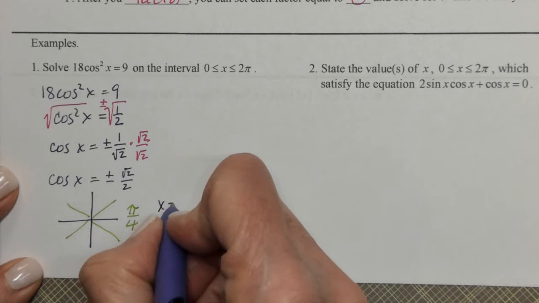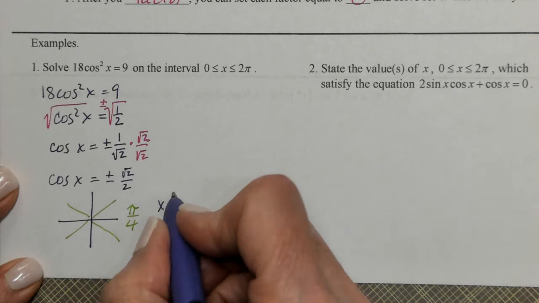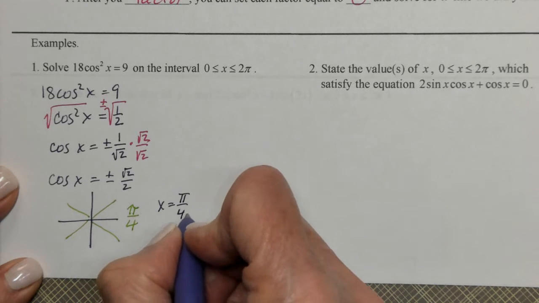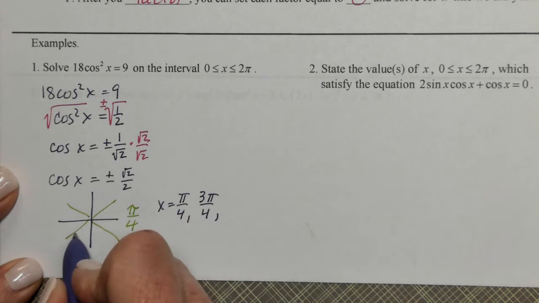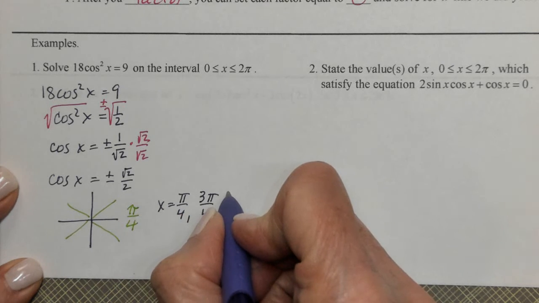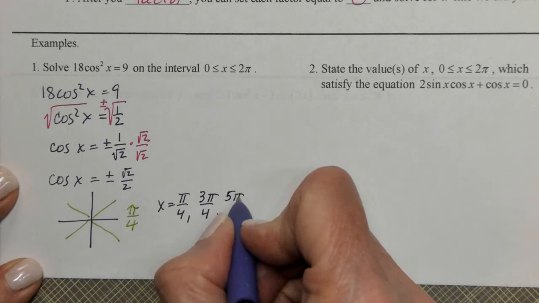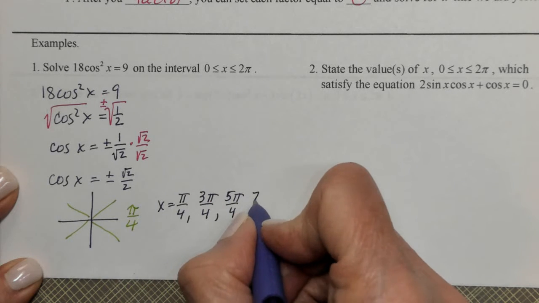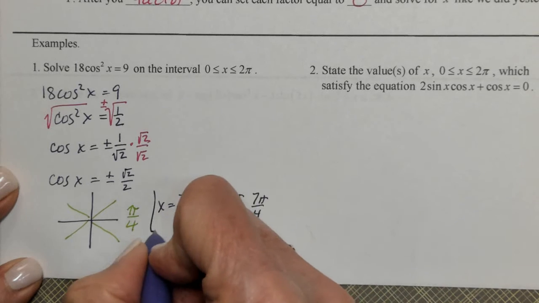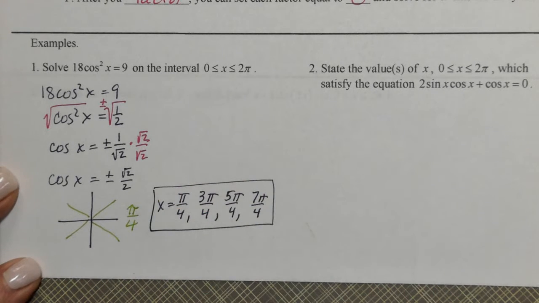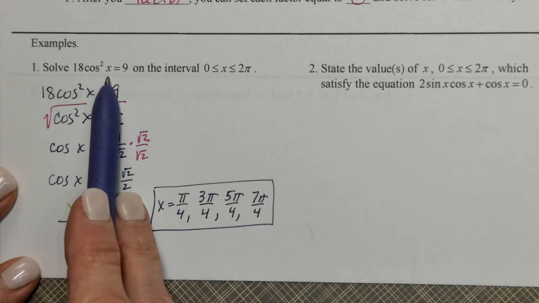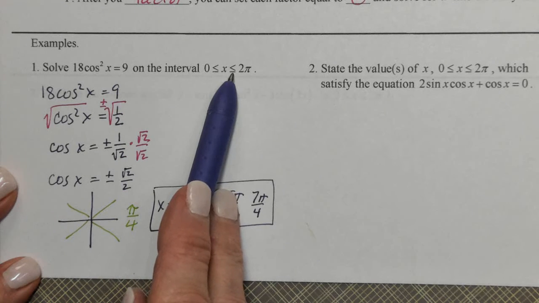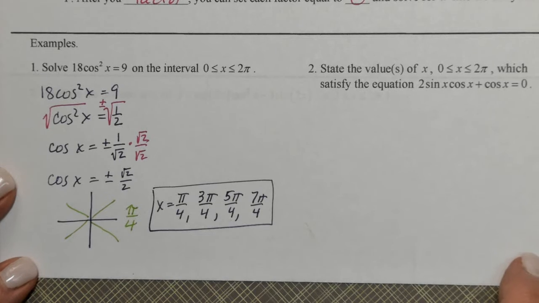So x will be the pi over 4 angle in quadrant 1, the pi over 4 angle in quadrant 2, the pi over 4 angle in quadrant 3, and the pi over 4 angle in quadrant 4. So there are 4 solutions, 4 answers to this equation in between 0 and 2 pi.